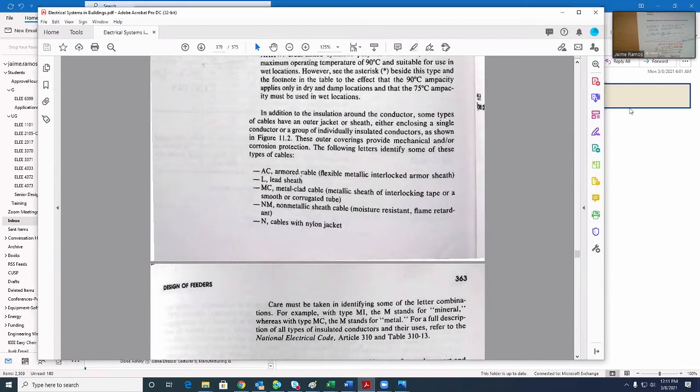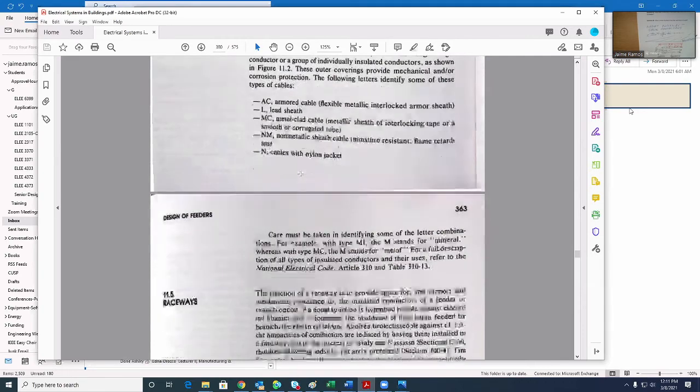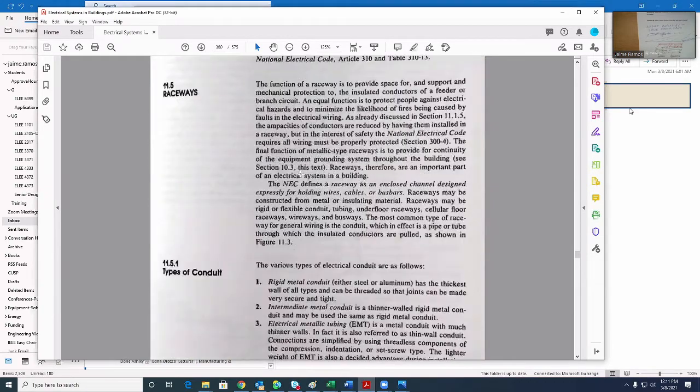So armor cables are used in very rough environments like factories or mines, to protect the cable against being crushed by moving machines.